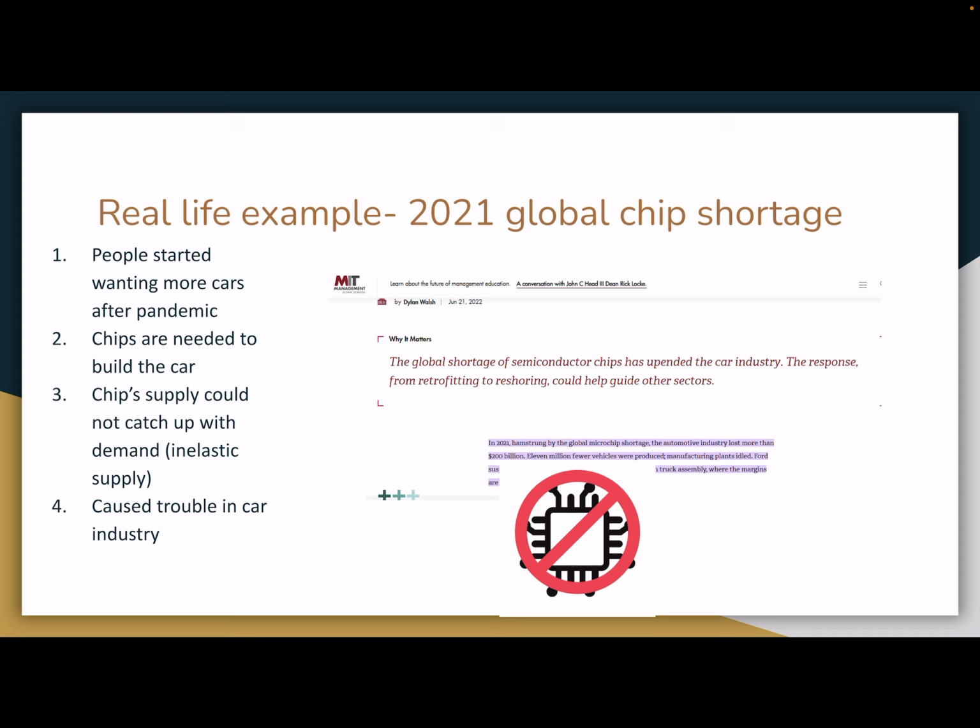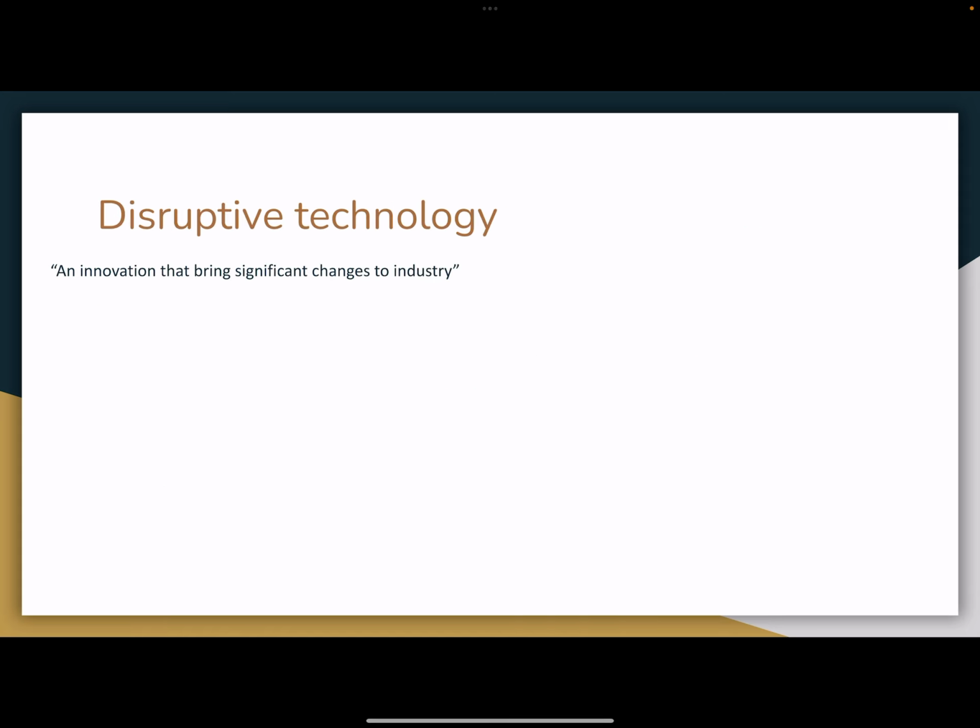This shows that an economic constraint, in this case the inelastic supply, can directly limit what engineers can design. Even if engineers want to produce more cars, sometimes the supply chain simply cannot respond fast enough.